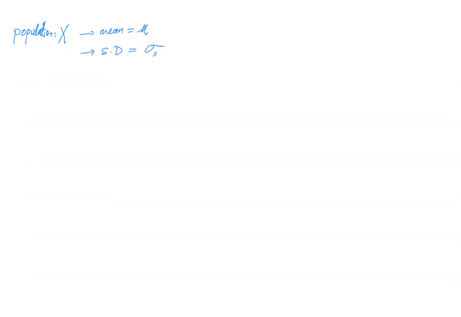So what is my Sn distribution? Sum of sample size n. The mean of Sn will be n times the mean of the population.